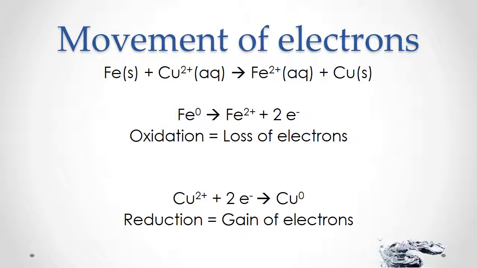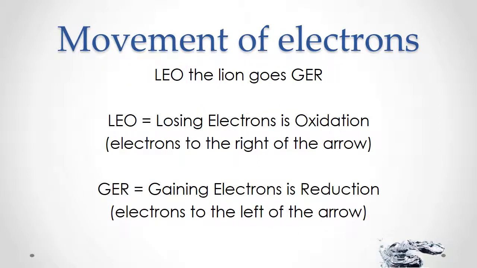We can use a mnemonic device to remind ourselves of this relationship. Leo, the lion, goes grr. Leo, LEO, stands for losing electrons is oxidation. So that way our electrons will be to the right of our arrow if we separate out for our particular elements that are changing places.